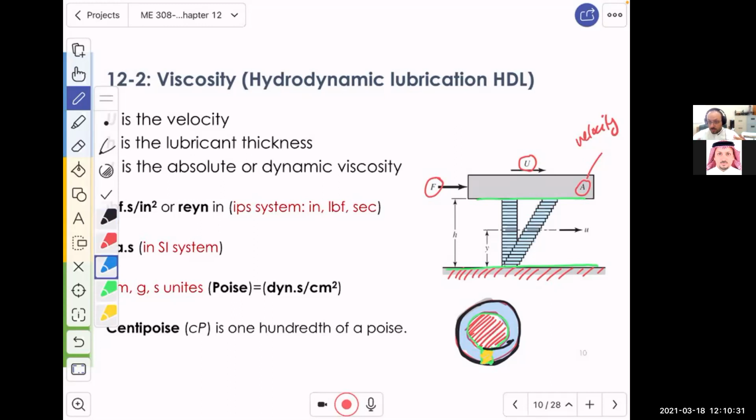Now, if the bottom plate is fixed, then essentially this bottom layer of the fluid is not going to have a single value of a velocity. It doesn't have a velocity. It must be stationary. And the top one over there will have the velocity capital U.